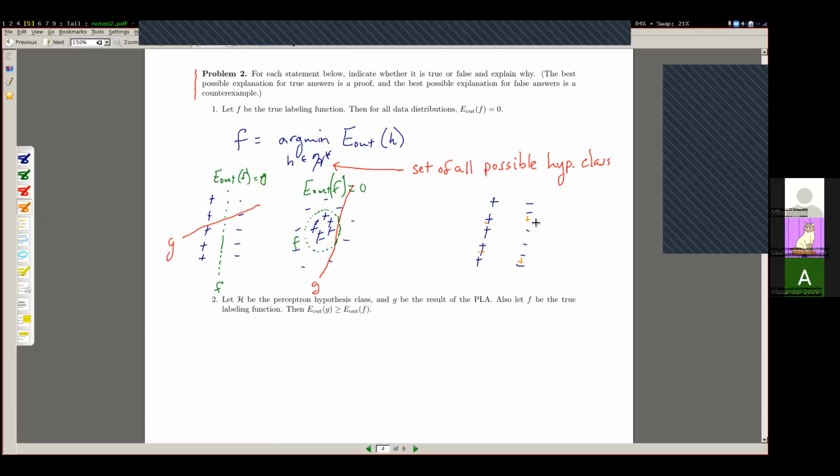And in particular, each label or y value has some noise associated with it.